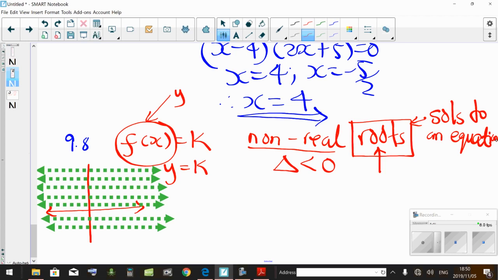Now, for us to get non-real roots, as an example, in the first video, I said that for a parabola, it means your parabola does not intersect the x-axis.